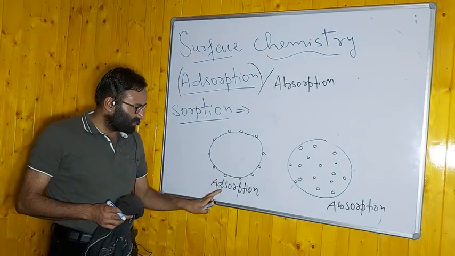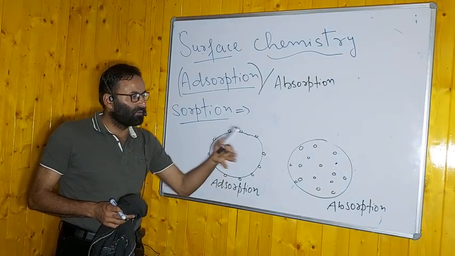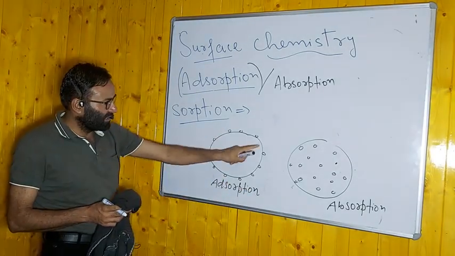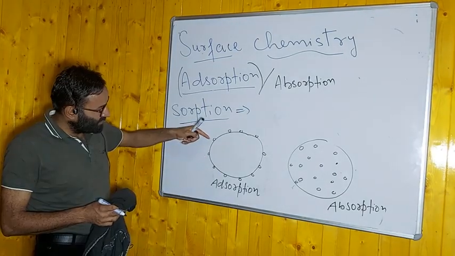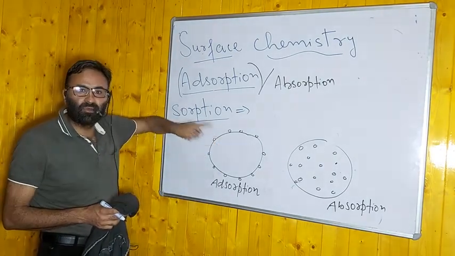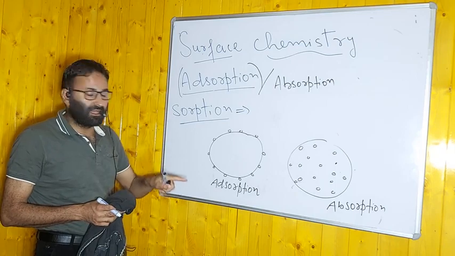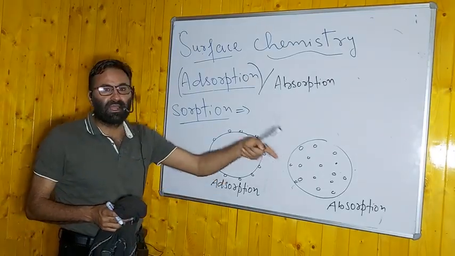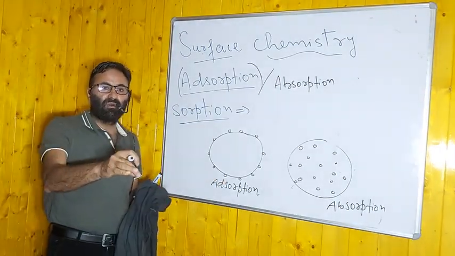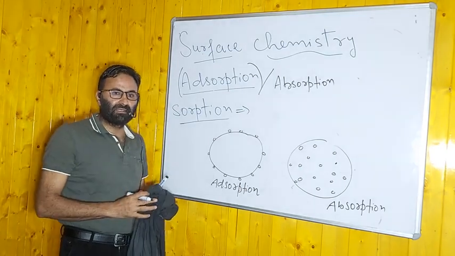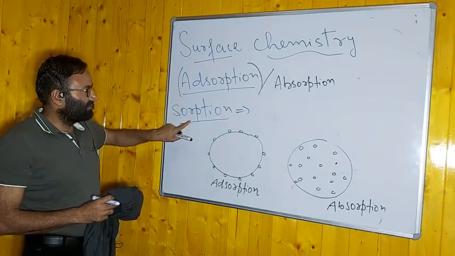First the adsorbate particles remain on the surface, then they enter into the bulk. It means that adsorption is followed by absorption. When both the processes take place simultaneously, at that time the term is sorption.